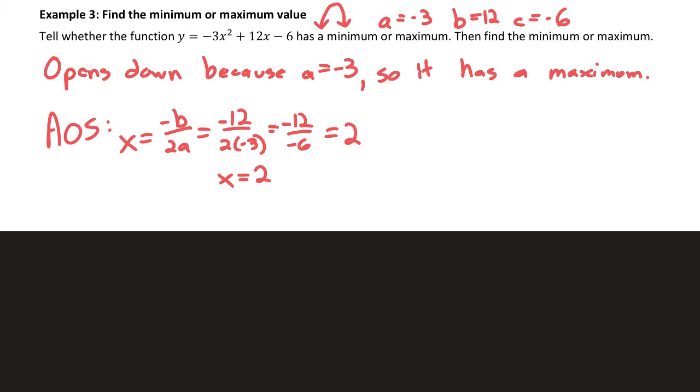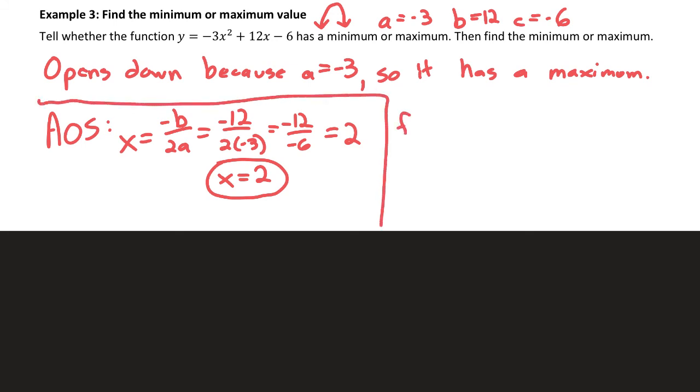So what I just found here was my axis of symmetry and the x value of my vertex, two things at the same time. Now, to find the maximum or minimum value, to find that vertex, I'm going to box this off a little bit, and we are going to find the output when the input is 2.